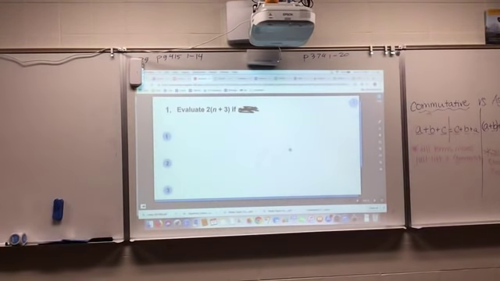So I have 2 parentheses n plus 3. I'm going to change colors a little bit here. Let's go with this blue. 2 times the n. What is 2 times n, everybody? 2n. Plus 2 times 3.